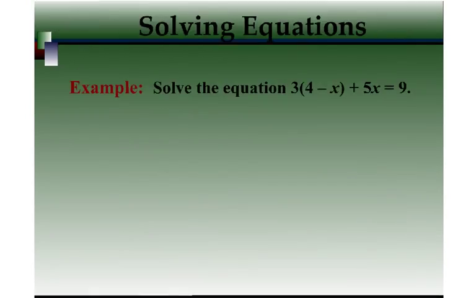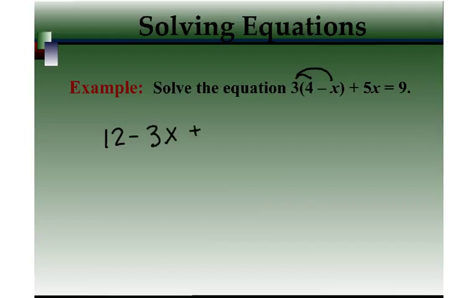Alright, so using all of those properties that we just discussed, we're going to solve this equation. Like I said before, many times we start out with the distributive property. So let's do it. Distributive property, multiply the 3 out across the set of parentheses. This is what we're going to get: 12 minus 3x.